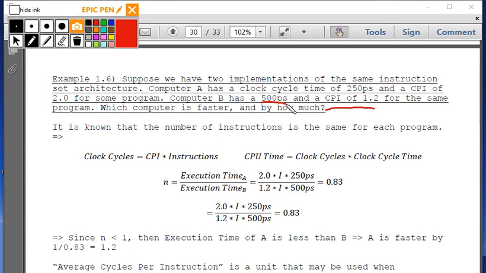This is a good example because it shows the implementation of CPI versus clock rate. Sometimes, even though your clock rate is extremely fast, improving CPI may give you a better computer.